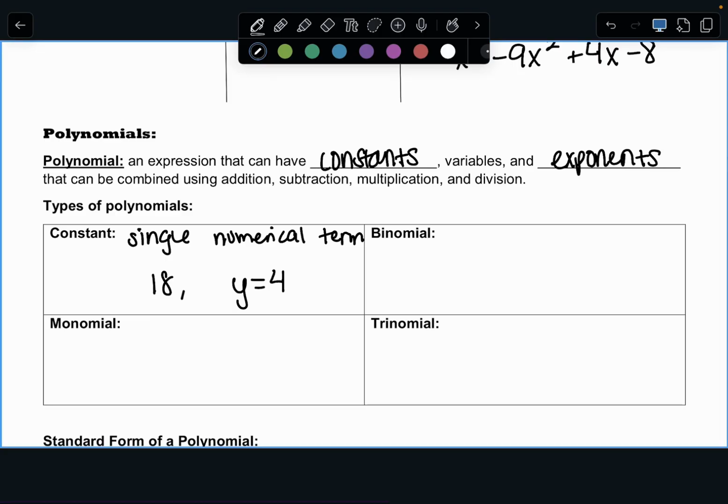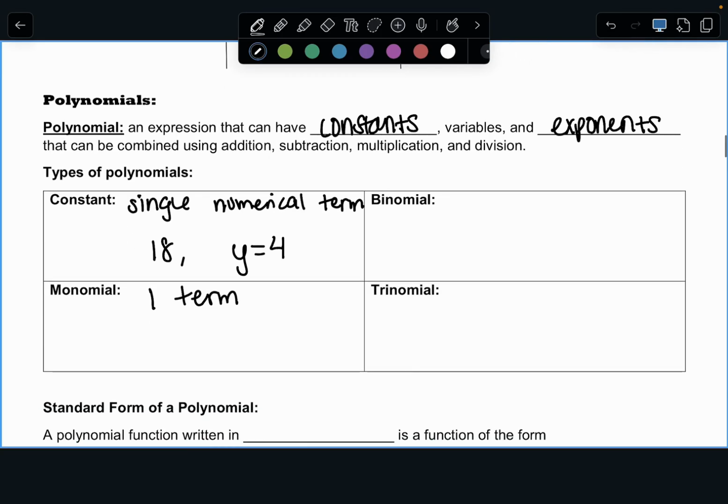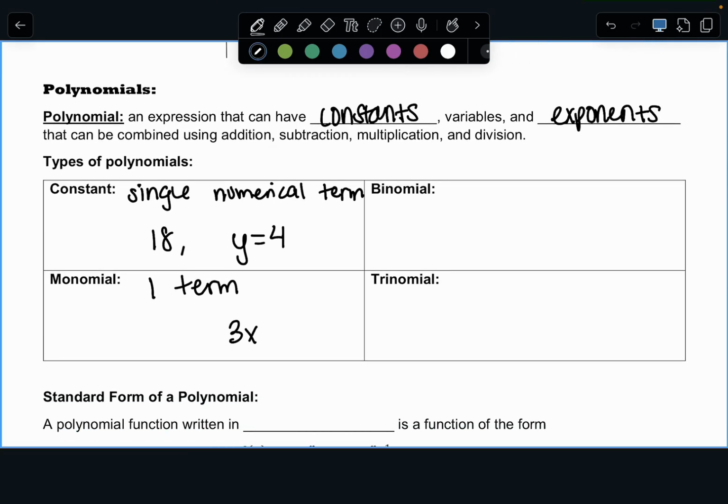And then we can talk about monomials using prefixes. What does mono mean? One. So this is one term. Monomials have one term. So it could be like 3x or 2x or just x. Has a term with a variable. Monomial is 1. Binomial is 2.